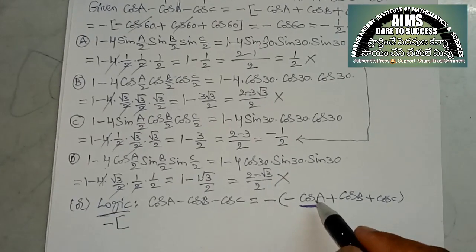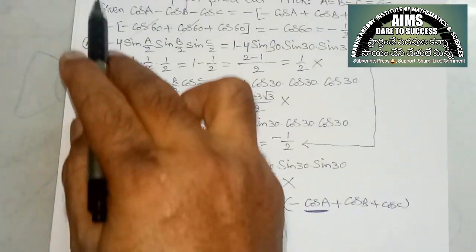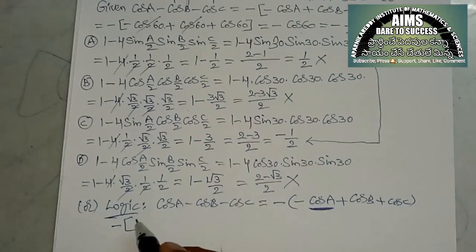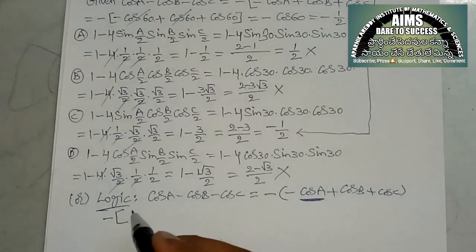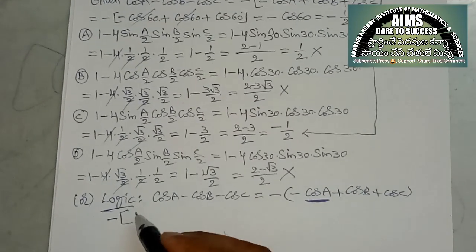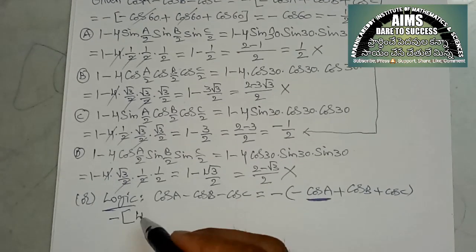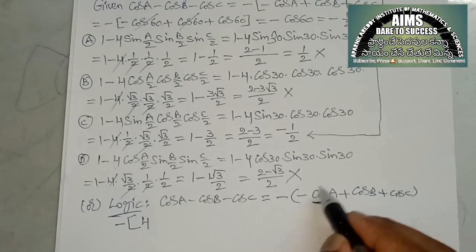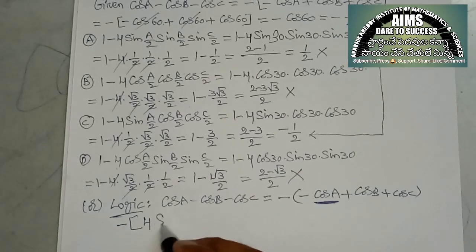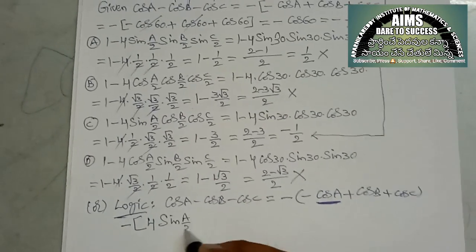After that, you can take according to the given values, you can write 4 as it is. Next, the negative symbol value, you can take sin A by 2.